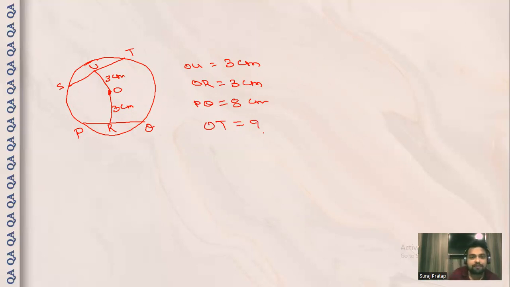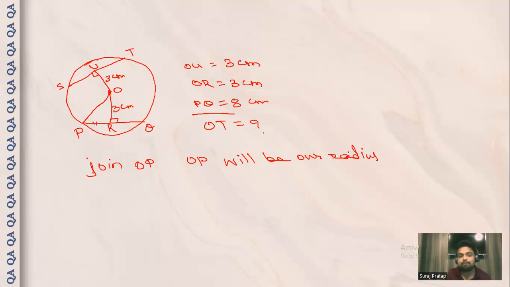Now see, PQ equals 8 centimeter is given, and these are perpendicular to the chord, which means it will bisect the chord. In that regard, we join OP. OP will be our radius, right? If OP is the radius, apply Pythagoras theorem.